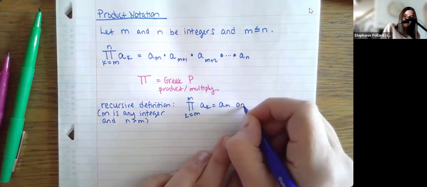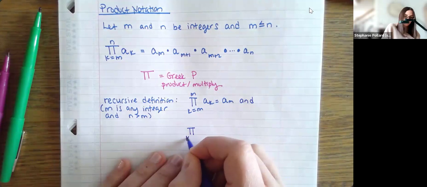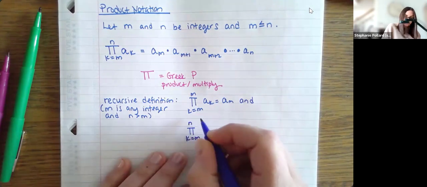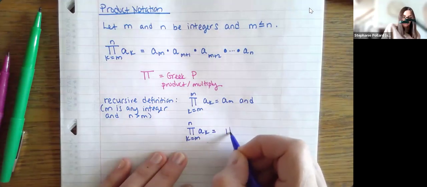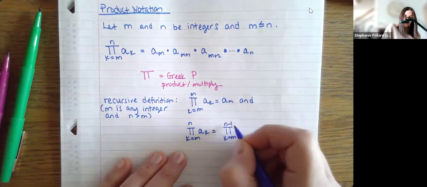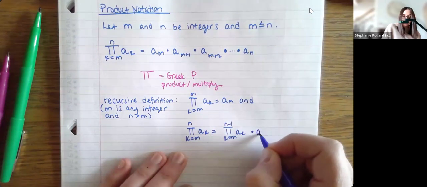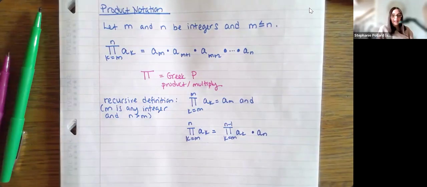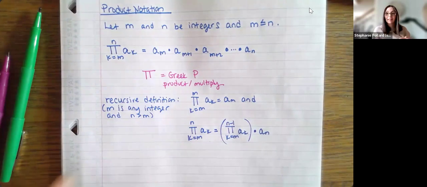And if we want to, I'm going to write it down here so I have more room, kind of practice with breaking off a term. We could write it like this. So k goes from m to n minus 1 of a sub k, and that gets multiplied by a sub n. I like to put parentheses here around the product notation sometimes just to make it clearer.